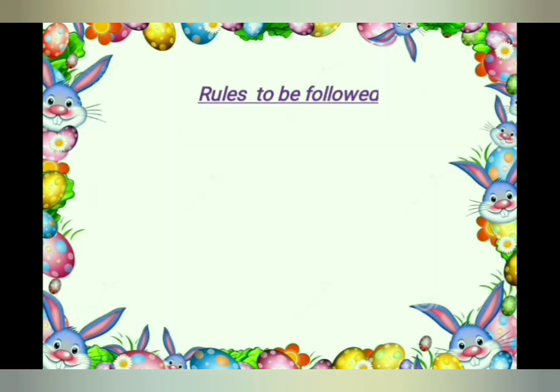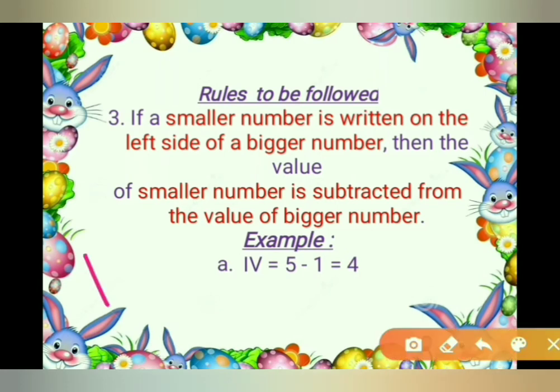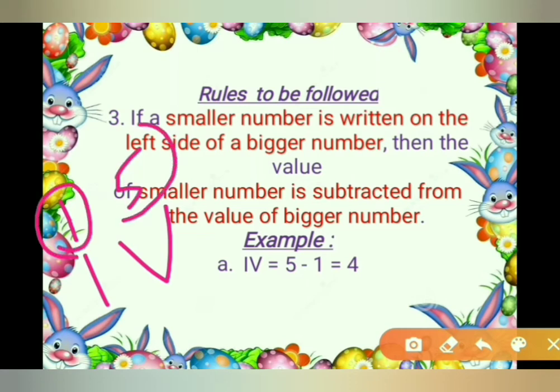And third rule, if a smaller number is written on the left side of a bigger number, then the value of the smaller number is subtracted from the value of the bigger number. Which means, value of I is 1, value of V is 5. Now the smaller value is written at the left side of the greater value. That time you do the subtraction.